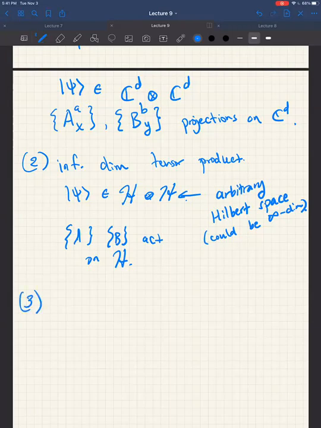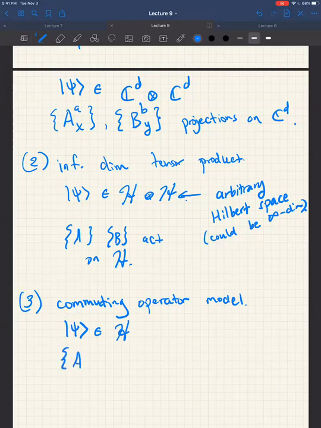There's a third model, which is the most general, called the commuting operator model. This is kind of the weirdest one. We have a state that Alice and Bob can share, but it lives only on a single Hilbert space H. So there's no notion of tensor product between Alice and Bob.